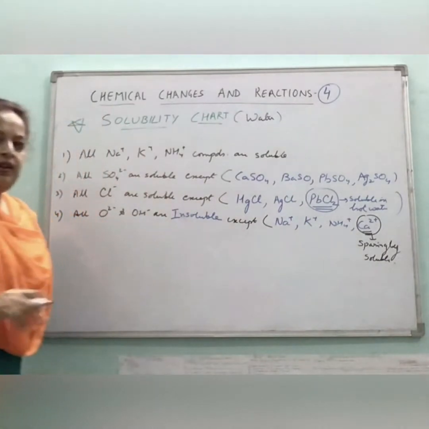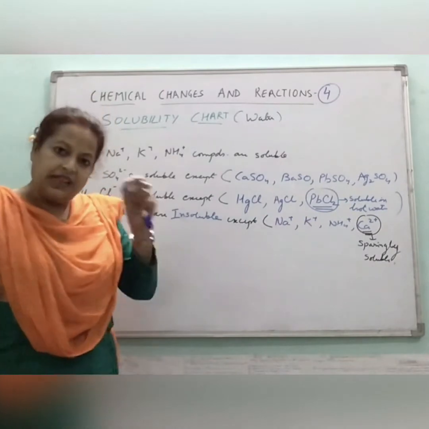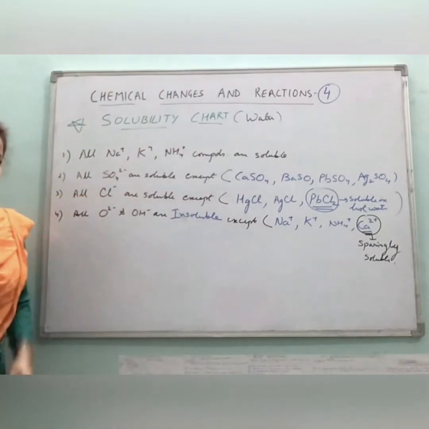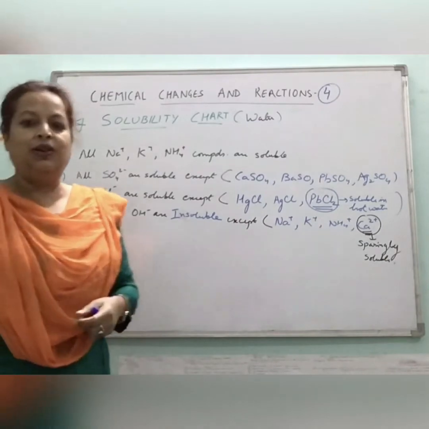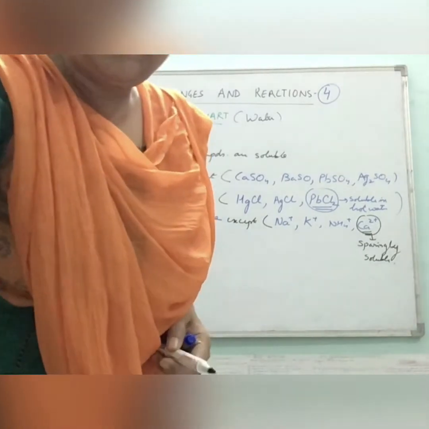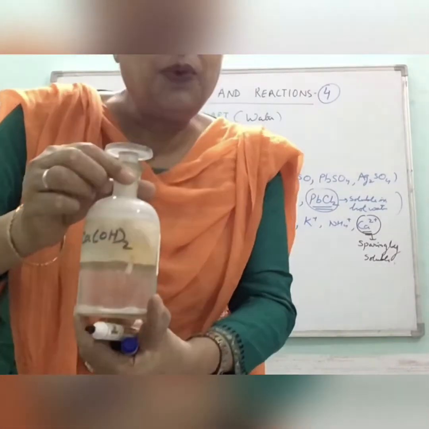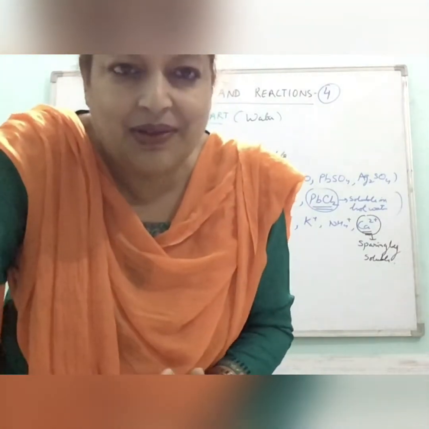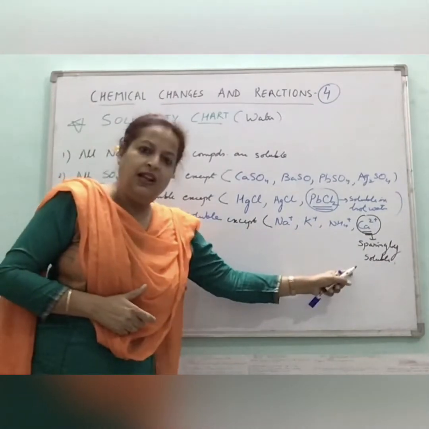So all oxides and hydroxides are insoluble except these 4, and for calcium it is slight, so we can't say it is insoluble, because we do get calcium hydroxide solution. You know where? Where do you get calcium hydroxide? I'll show you. Here it is, calcium hydroxide. And what is this? Lime water. We use it to test for carbon dioxide. So its solution is formed because it is slightly soluble, so we write it as sparingly soluble.